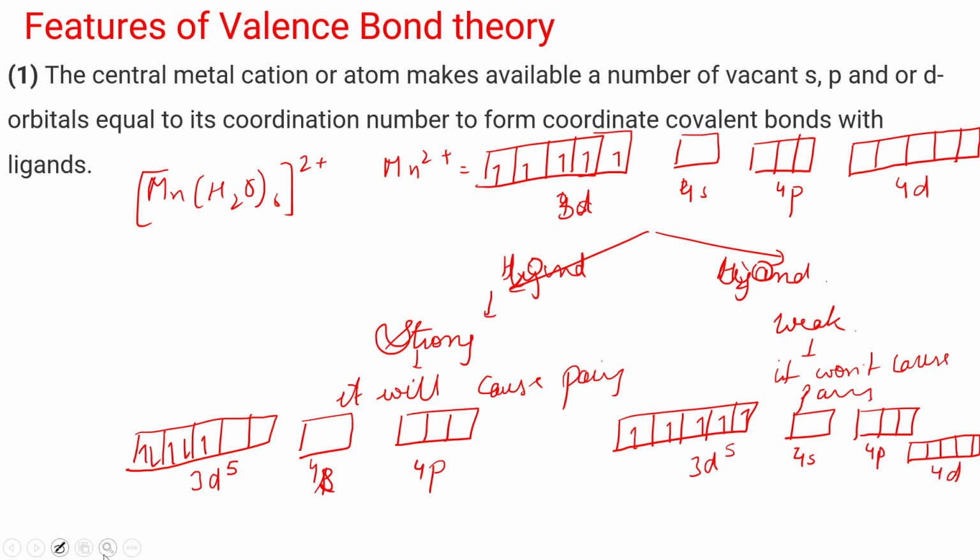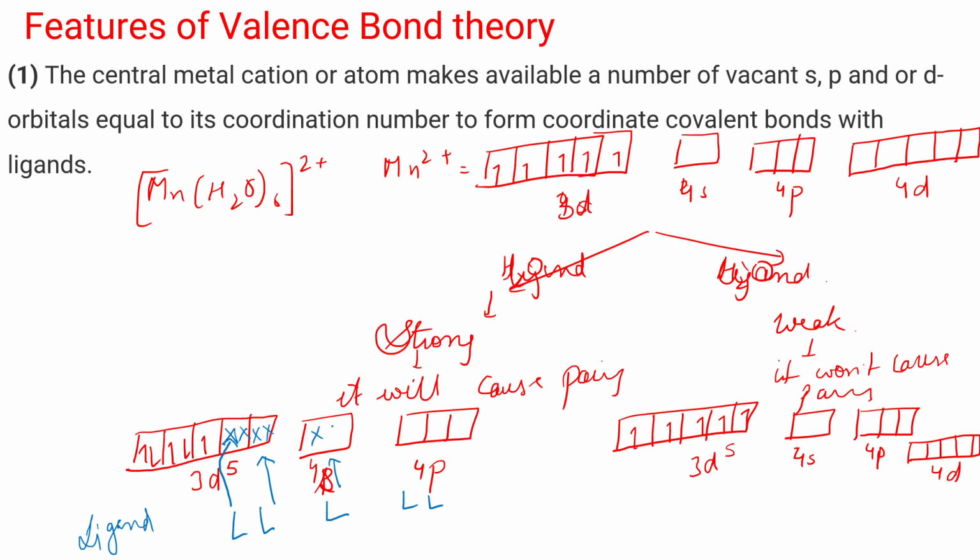So here the ligands will donate their electrons. Let's suppose six ligands will be there, L, L, L, L and L. This ligand will donate its two electrons over here, these two electrons will come from this ligand.